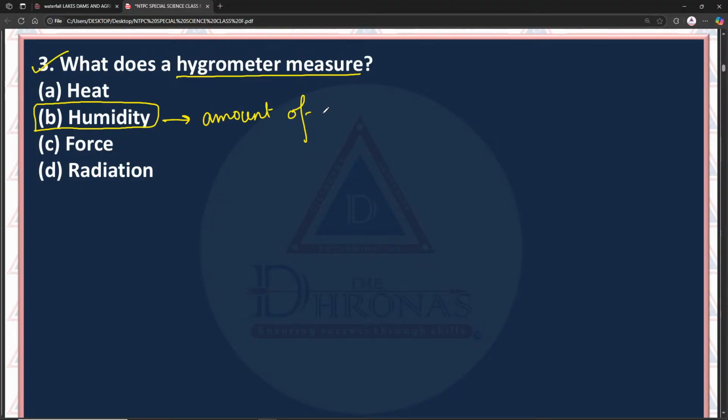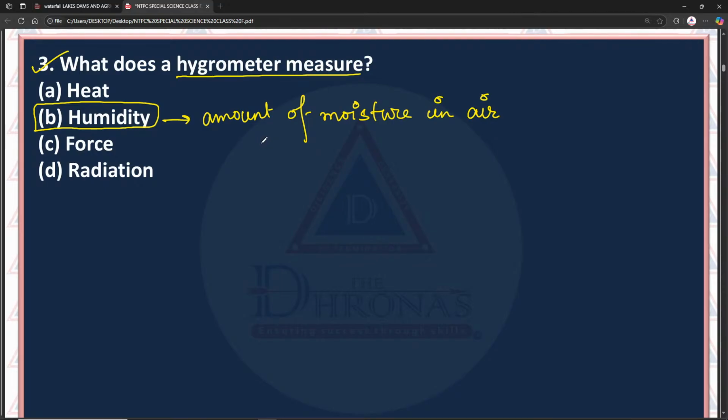Now what is humidity? Amount of moisture in air. Now this humidity can be of 2 types. One is absolute humidity, another one is relative humidity. In our weather forecast report, the news shows humidity percentage, like 98%, 92%.